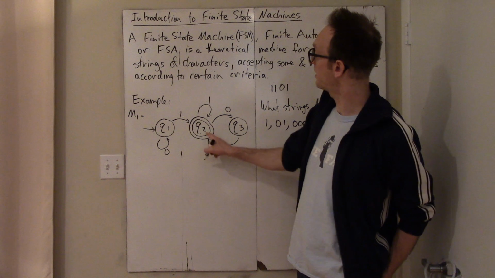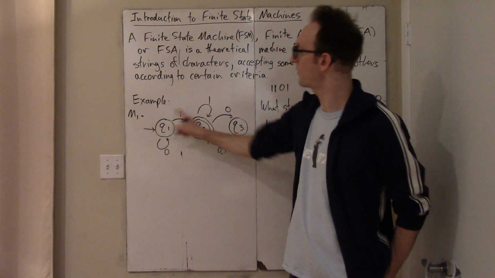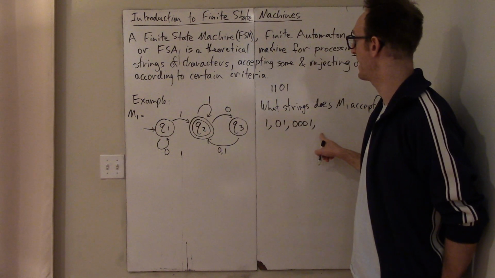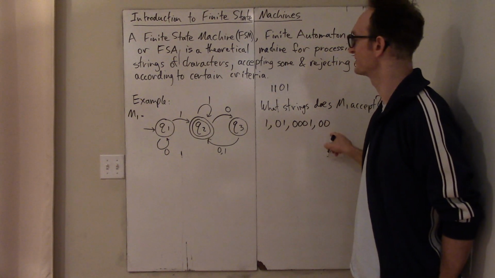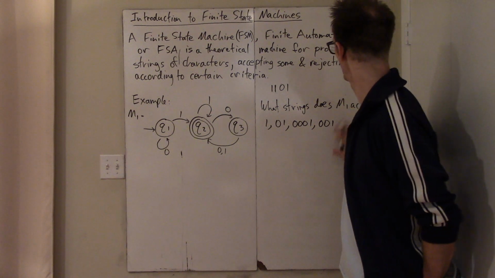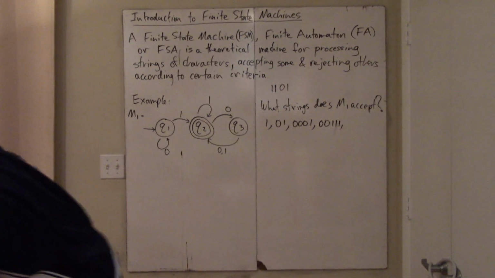But then, of course, there are other ways to be accepted. You could have a bunch of zeros, and then a 1, and then any number of 1s after that. So, like 2 zeros and a 1, but then maybe a bunch more 1s, is also a string which is accepted.